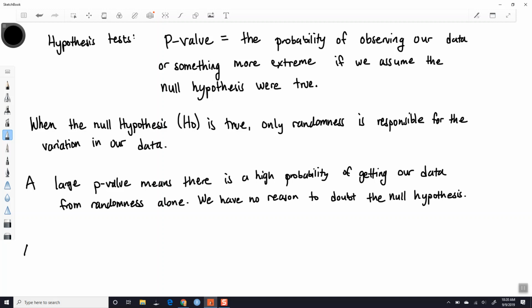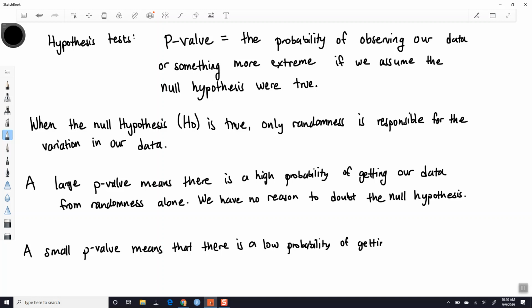On the other hand, a small p-value means that there's a low probability of getting our data from randomness alone.